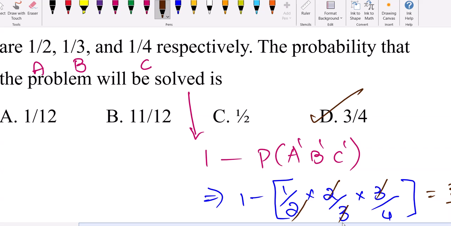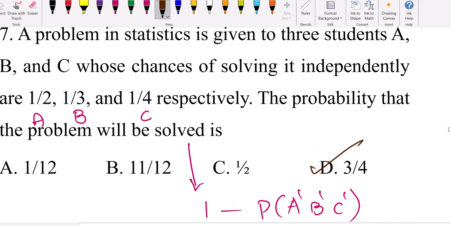Any other question or doubt, please? Probability related: events are independent, so P of A intersection B can be written as P of A into P of B. They clearly mention here, solving it independently.